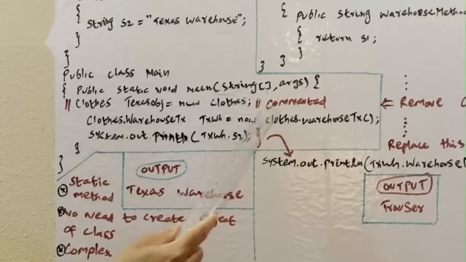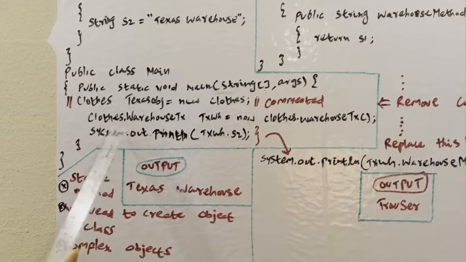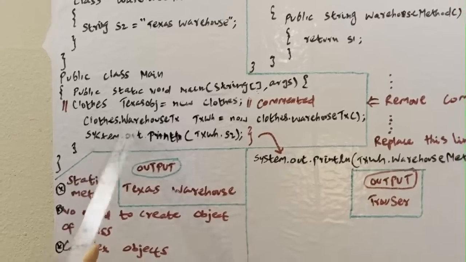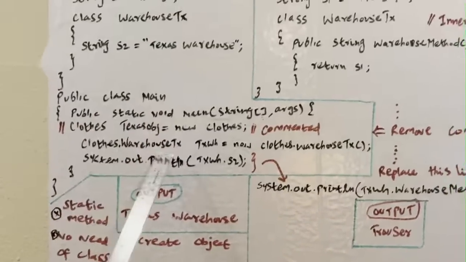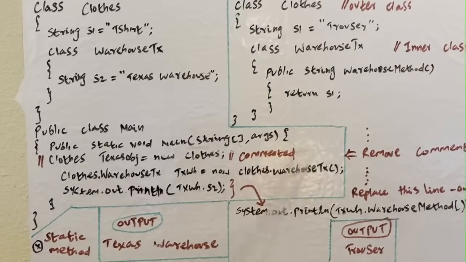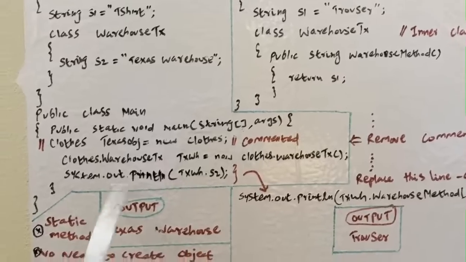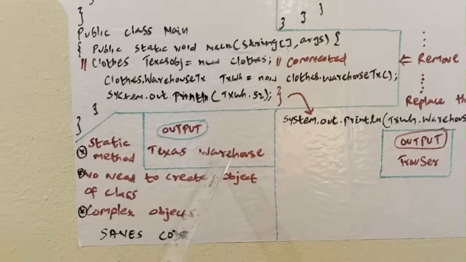I have commented, you don't have to instantiate Texas obj because it is static. Clothes.warehouse Texas, txwh equal to new, instantiating the object, and printing s2. So the output will be Texas warehouse.